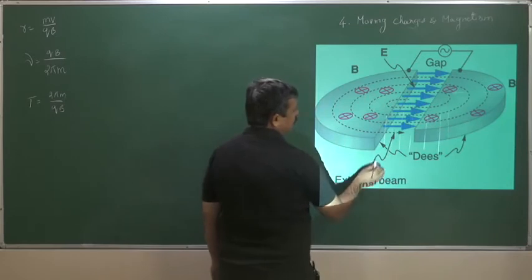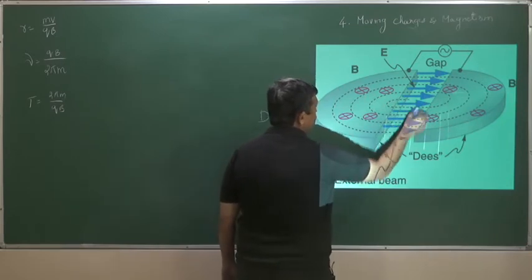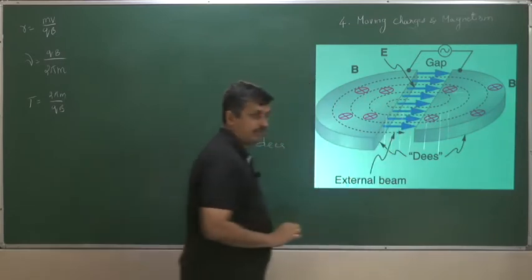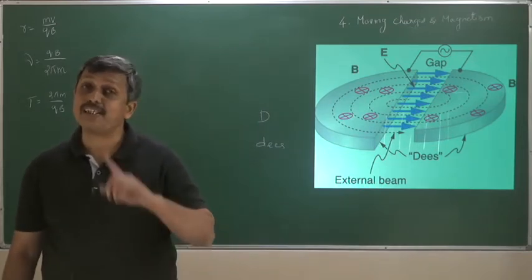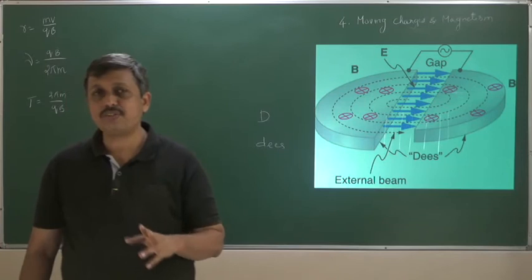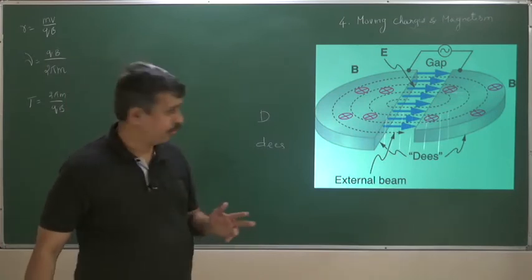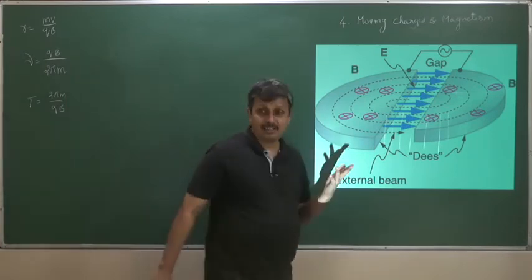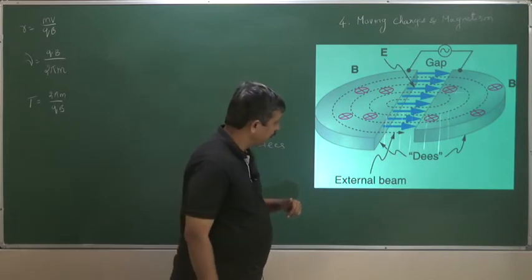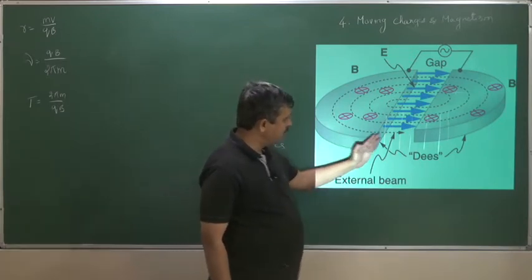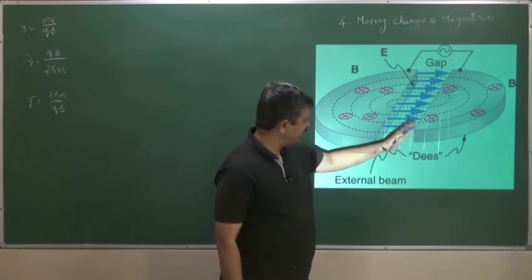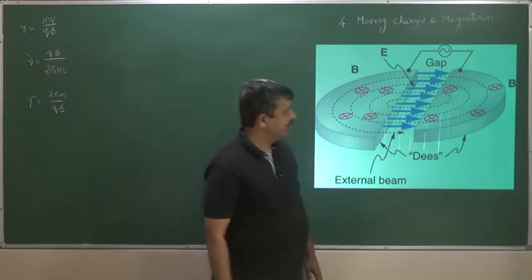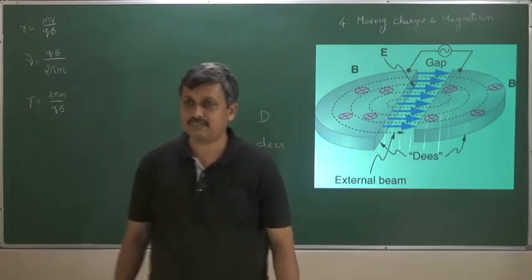This same circle, it would keep on going without expanding. But we are doing something else. Whenever it goes from one D to the other D, between these two D's, we have applied an electric field.